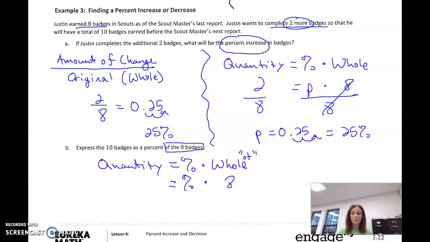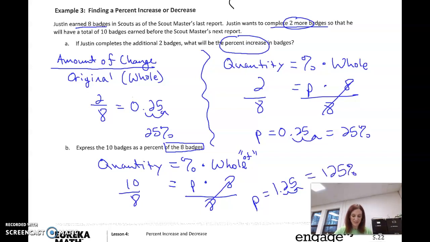That might make more sense why that's 8. But then 10 is the quantity. 10 is what percent of 8? Well, divide both sides by 8. We get percent equals 1.25. Well, guess what? You move it over 2 places, that's 125%. Okay, so 10 badges would be 125% of the 8 badges.